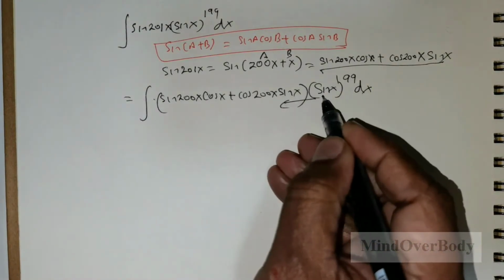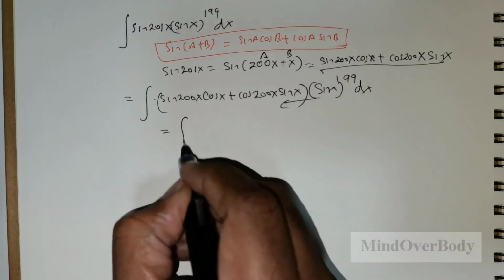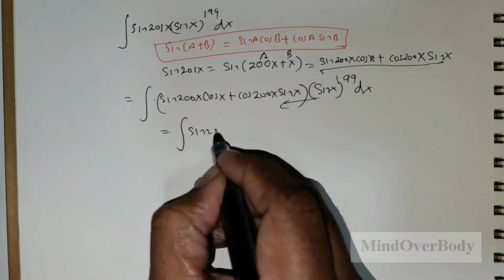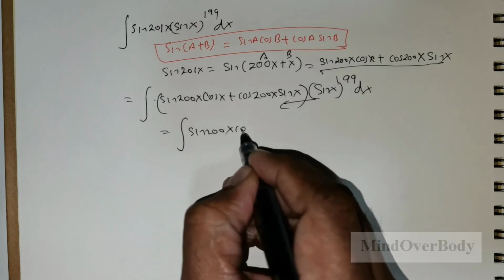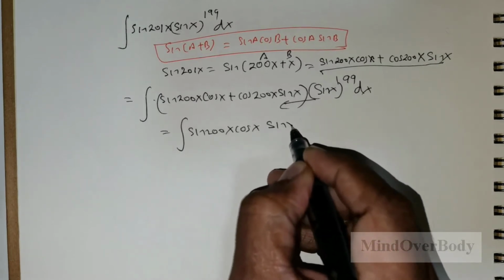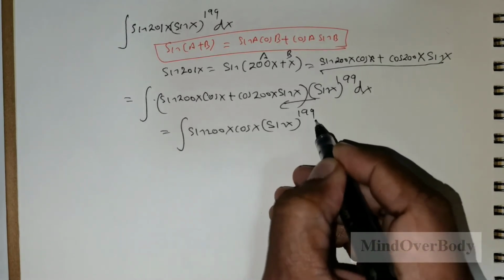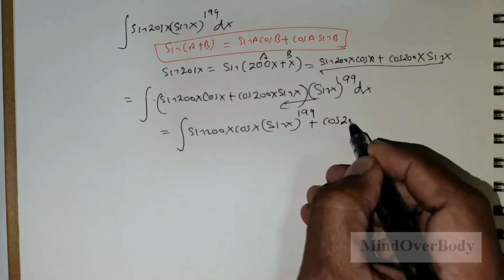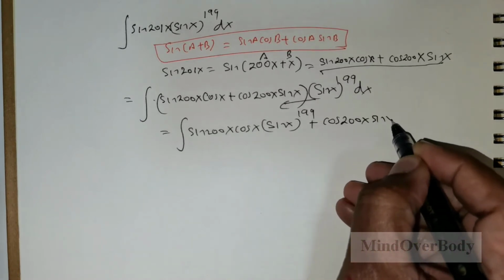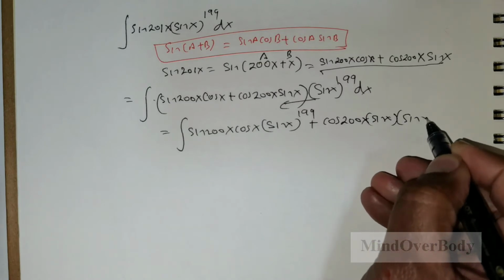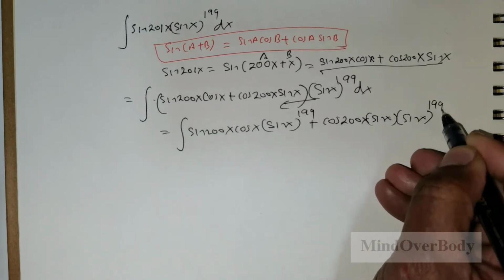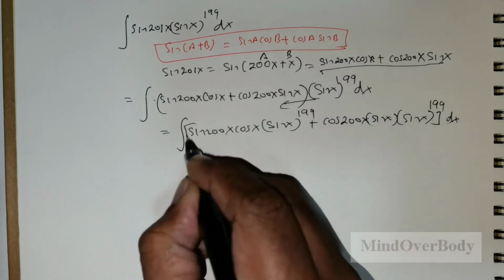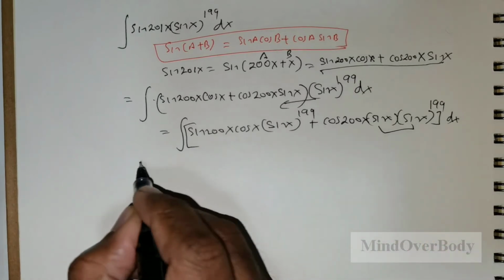Now I'm going to bring this sin x to the power 199 inside, so that would give me the integral of sin 200x times cos x times sin x raised to the power 199 plus cos 200x times sin x times sin x raised to the power 199 times dx. Now these two can be clubbed.